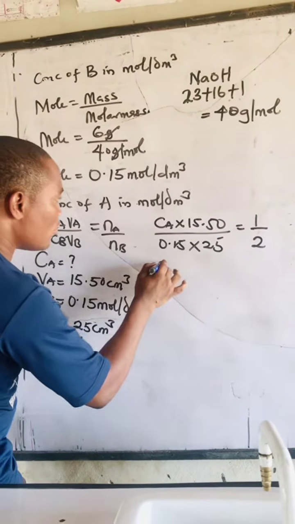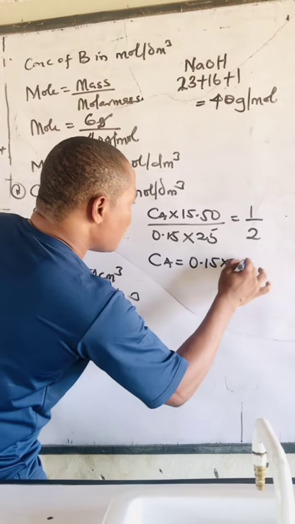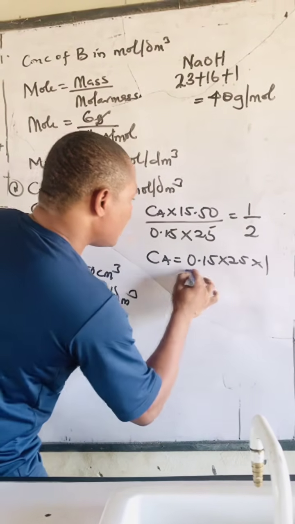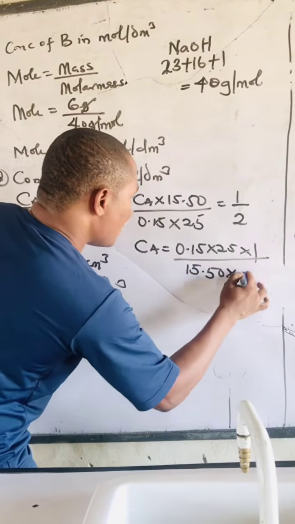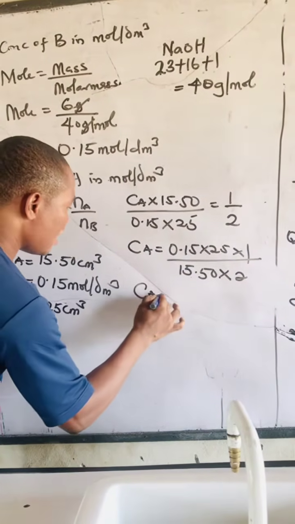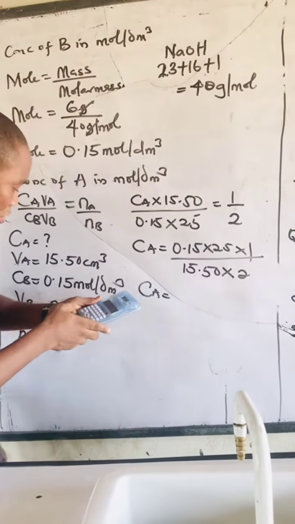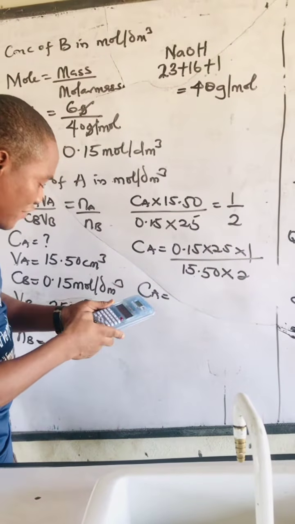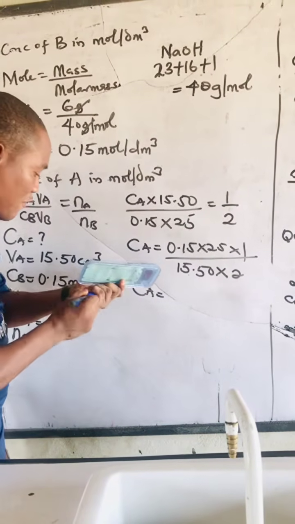So our Ca is 0.15 times 25 times 1 over 15.50 times 2. It becomes 0.15 times 25, that will give us 3.75.